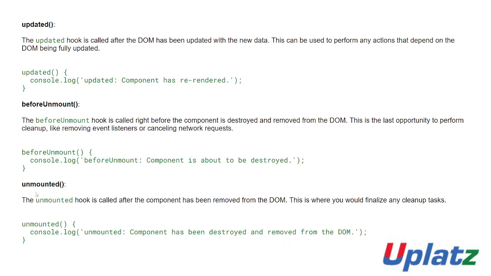Unmounted. The unmounted hook is called after the component has been removed from the DOM, when that component is no longer in the DOM.